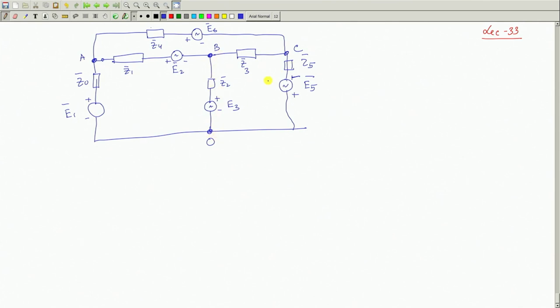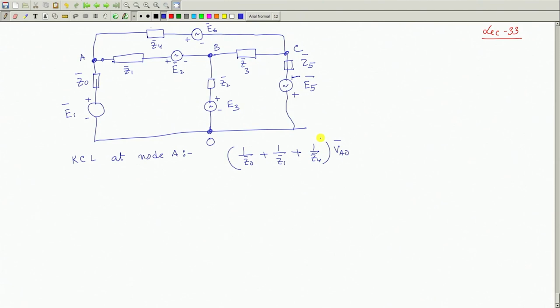So, writing down the equations, KCL at node A: the coefficient of VAO will be the sum of the reciprocals of all the impedances connected, 1 by Z0 plus 1 by Z1 plus 1 by Z4. This will be VAO.